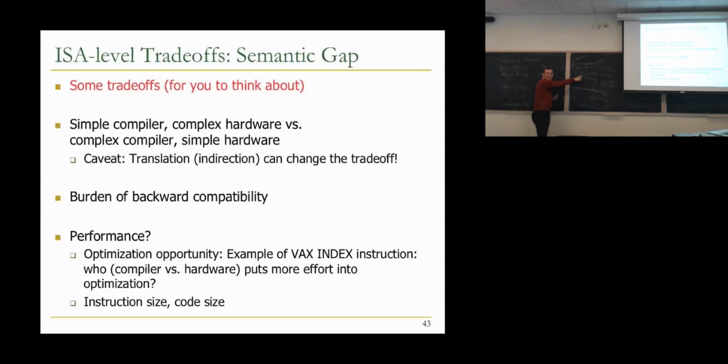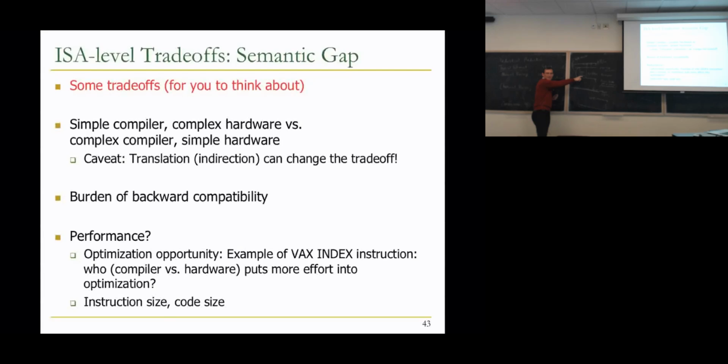So Transmeta, which was a competitor to Intel in the late 1990s until early 2000s, had a goal to execute x86 programs, to run all of the software that was written for x86, with a very simple processor.